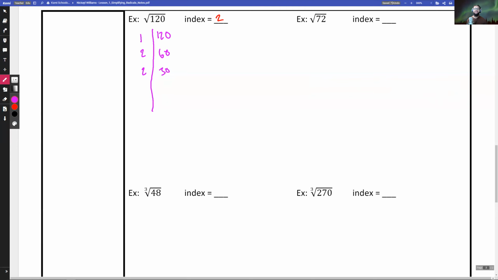And you may think, hey, Mr. Williams, isn't 5 a prime number that's bigger than 2? Wouldn't that work? 5 would work. Okay, the reason we stuck with 2s is that it kind of makes things simpler in the long run. If we did 5, that's going to be 5 times what? 6 is 30.